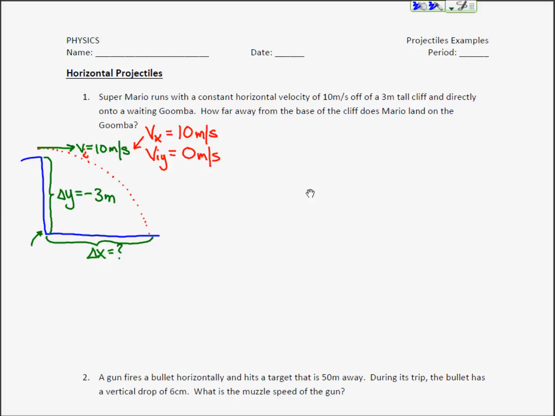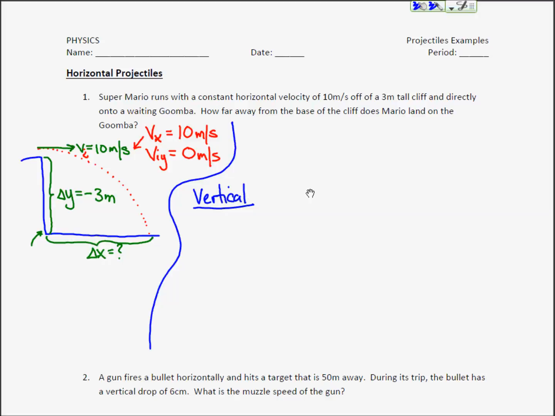I'm just going to draw a little separator here, and we're going to separate everything into vertical stuff. Vertical. I think I spelled that incorrectly with two I's. There you go. I can't let that happen. All right, so vertical. What do we know in the vertical direction here?